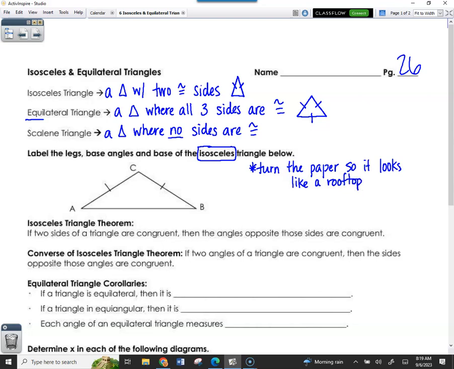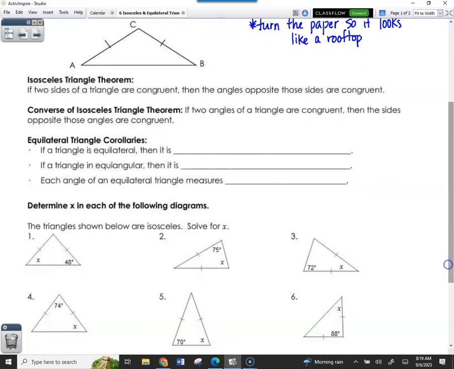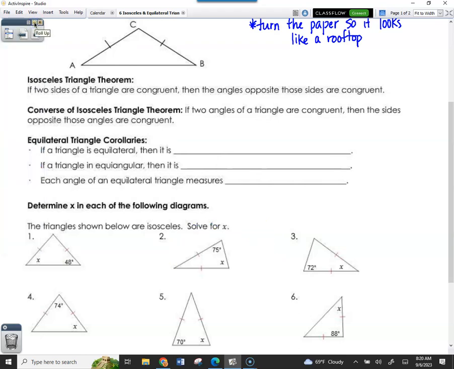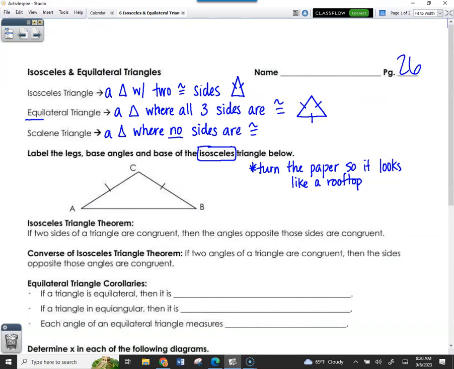And what I mean by that is, like number 2. Is number 2 in position of a rooftop? No. So I would turn my paper that way so it would be upright, right? And then it's easier to identify what I'm about to tell you. All right, so we're going to turn it like a rooftop. So this is already turned like a rooftop.